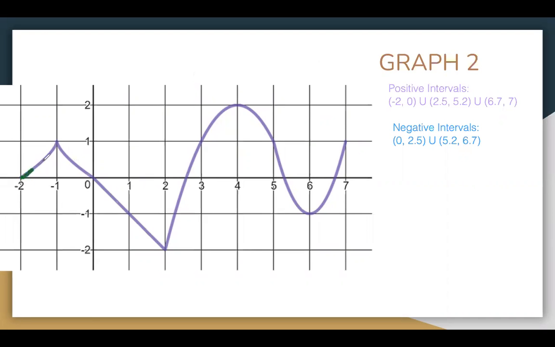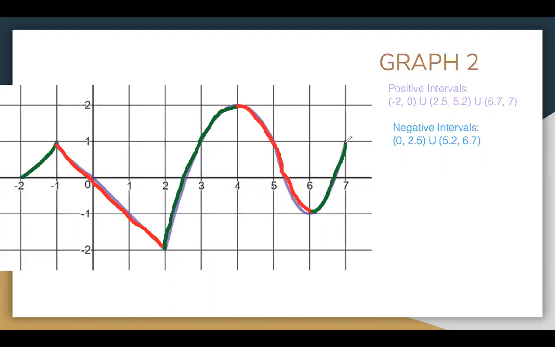So here our graph goes up, and then it starts going down. And then it goes up again. Then back down. And then back up.